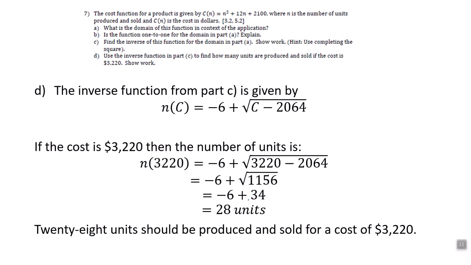Square root of 1156 is 34. 34 minus 6, 28 units should be produced and sold for a cost of $3,220. In general, if you have a problem that starts with words, you should give your answer in words. If it starts in function notation, you answer in function notation. If it starts in words, you answer in words.